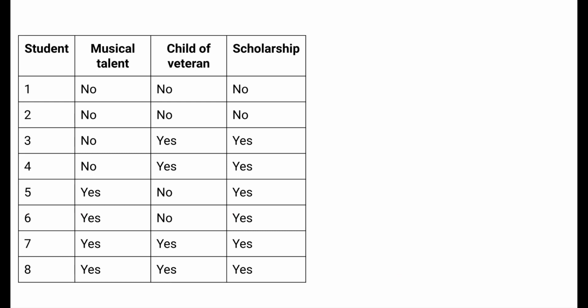We have data here on 8 students. For each of the 4 combinations of musical talent and being a veteran's child, there are 2 students. Let's first verify that musical talent and being a veteran's child are marginally independent. That is, let's check that the chance of musical talent and lack of don't change if we know whether or not the student's parent is a veteran.